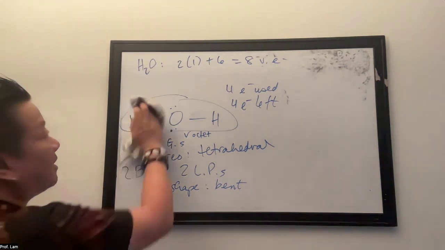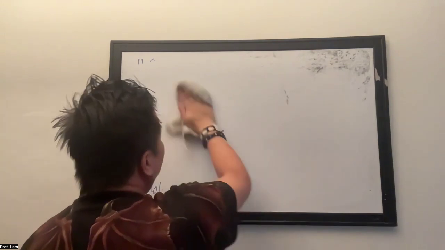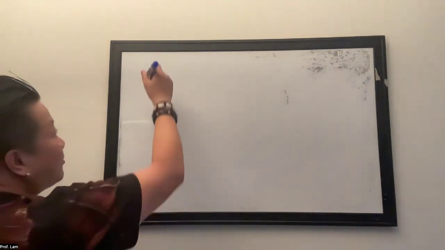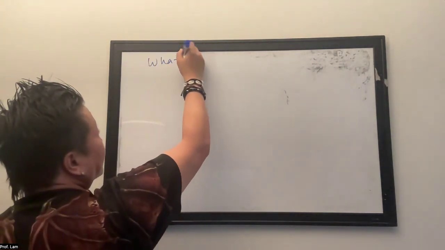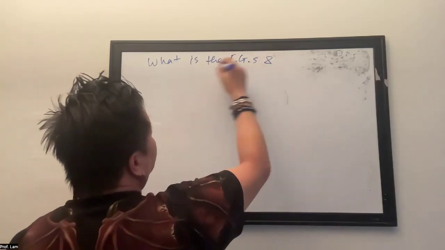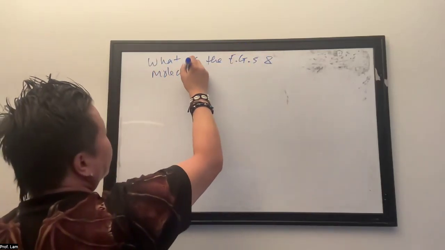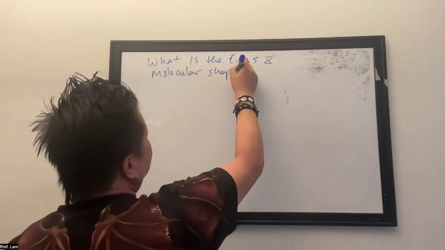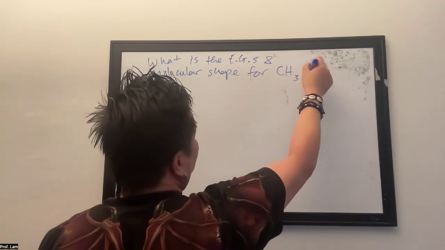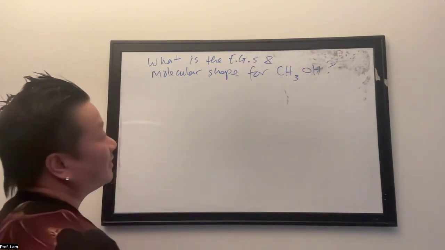I want to show you guys a molecule that's more complex, with 2 central atoms. Let's say if you were asked, what is the electron group and molecular shape for, say, CH3OH, okay?